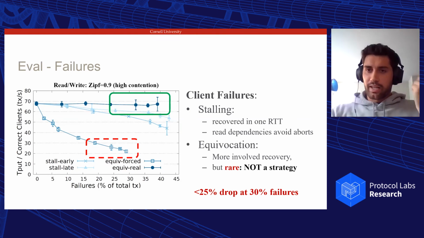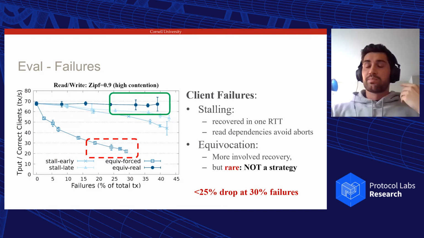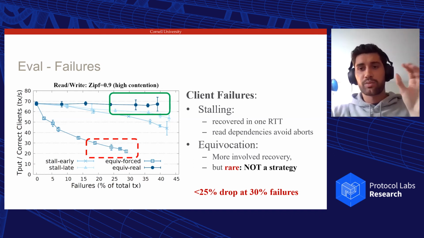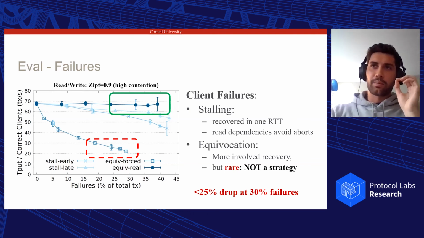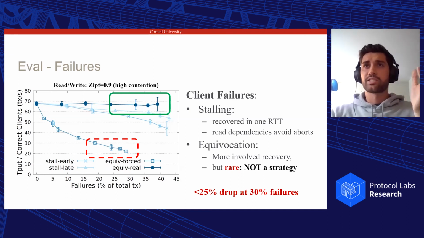But fortunately, like I told you earlier, Basil doesn't actually allow clients to themselves choose what values to propose. So this was an artificial simulation where we allowed them to always equivocate, but in practice, you can see in the green box that the ability to equivocate is exceedingly rare, and that makes the strategy impractical or infeasible to pursue.